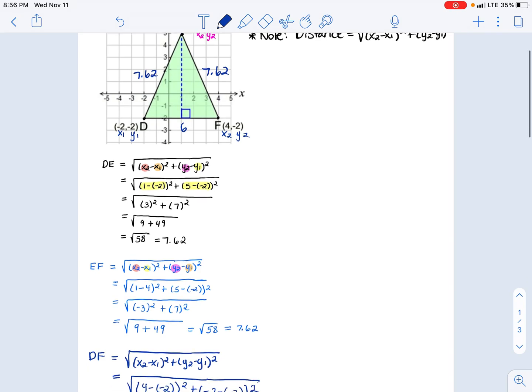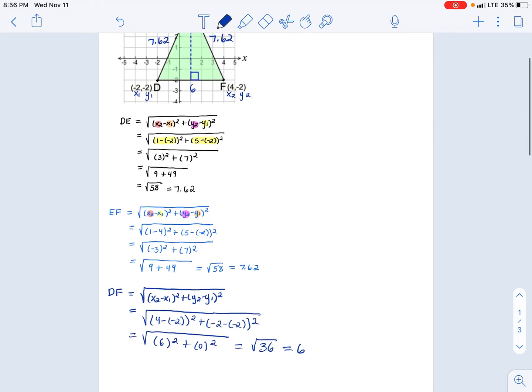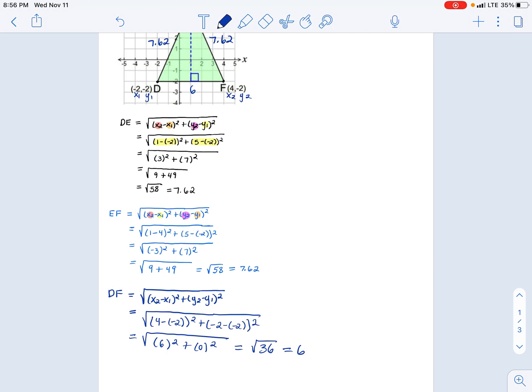And so this gives me, let's add it up on our calculator. 7.62 plus 7.62 plus 6. So we get 21.24.